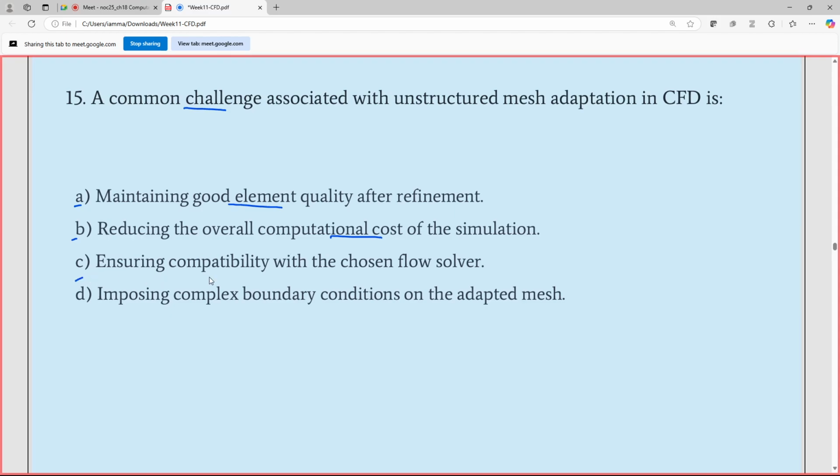Option C, ensuring compatibility with the chosen flow solver. Option D, imposing complex boundary conditions on the adapted mesh. So, which among the following is a common challenge or limitation associated with unstructured mesh in CFD?